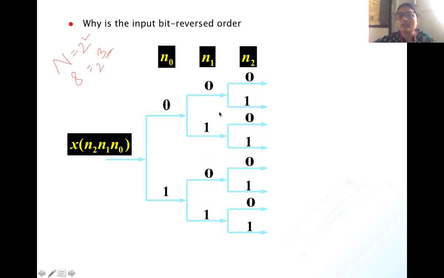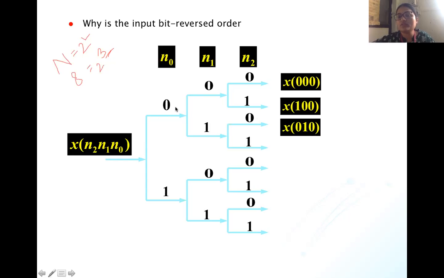Now, if you see the order, how it is being changed. The first value will be 0 0 0. The second value is 1 0 0. Third value is 0 1 0. The fourth value is 1 1 0.